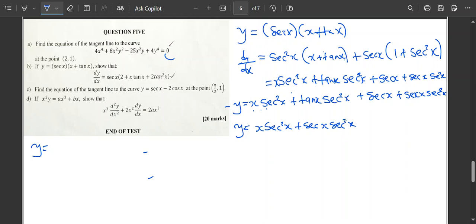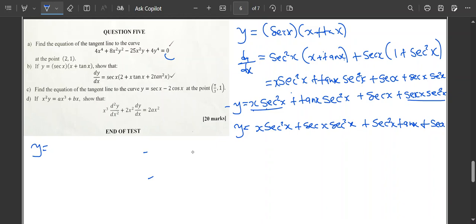Then from there I've done this one and this one, so I've only remained with this one and this one. So here I'll have plus, in fact I can say sec squared x, then tan x plus this sec x here.